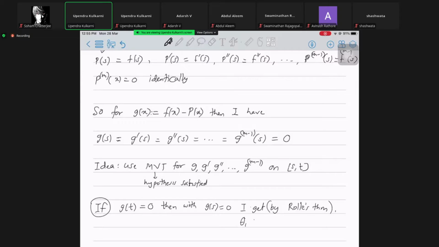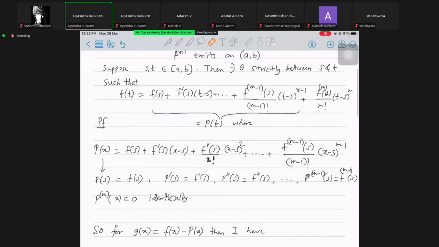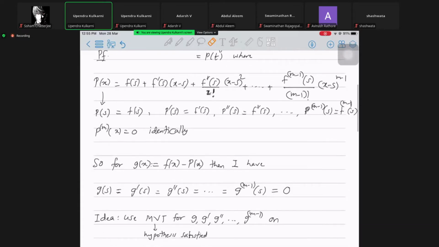I'm going to call this theta 1. I cannot write s comma t because s may not be smaller than t.